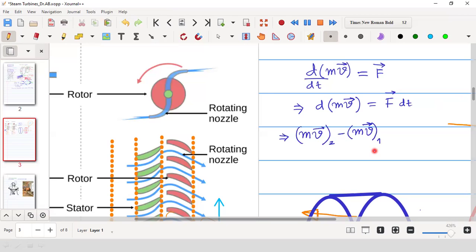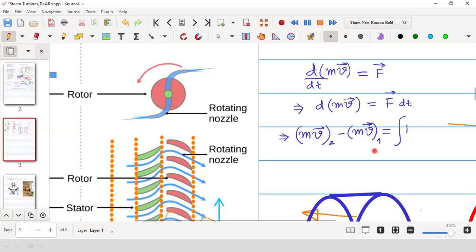So during some impact there is a change in momentum. Before impact and after impact, if we integrate, we get the change in momentum. So mv2 is the momentum after impact minus mv1, the momentum before impact, and this is equal to the integral of F dt from t1 to t2.